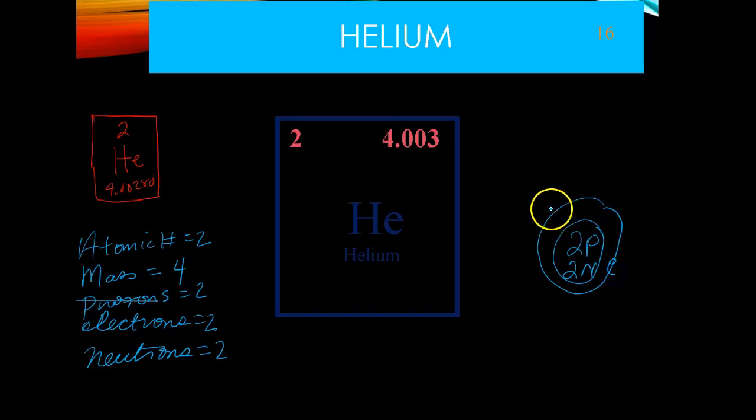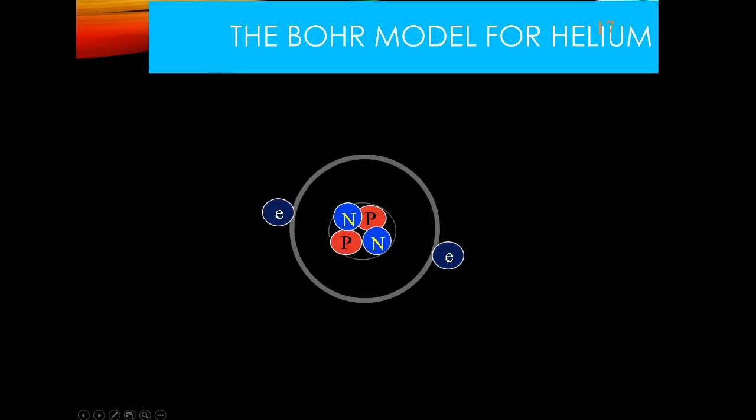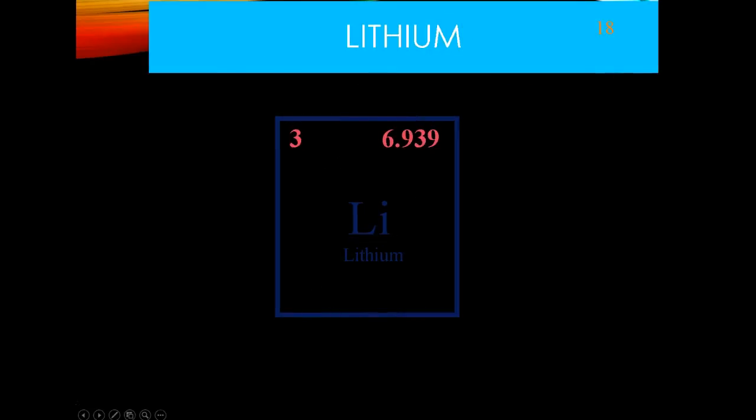So we know that this shell is complete because it can only hold 2. Now, for our purposes, remember, we're just going to write 2 protons, 2 neutrons, because we can end up with a ton of these guys.